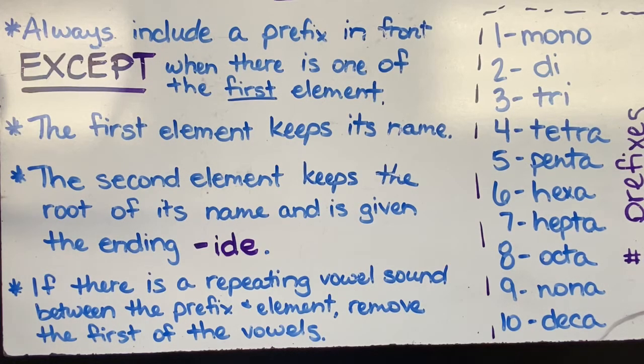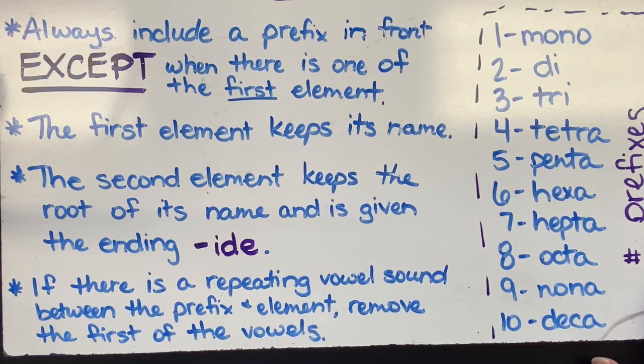The second element in our binary molecule is going to only keep the root of its name and is then given the ending IDE. So you might see something like tetrafluoride, trichloride. It will always have the ending IDE.